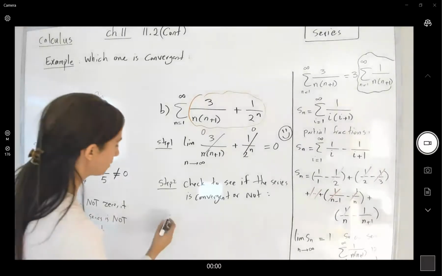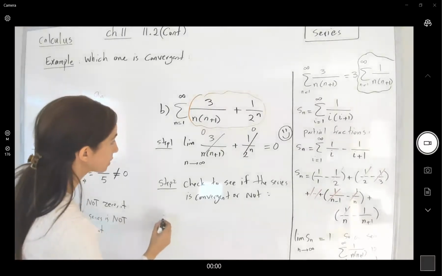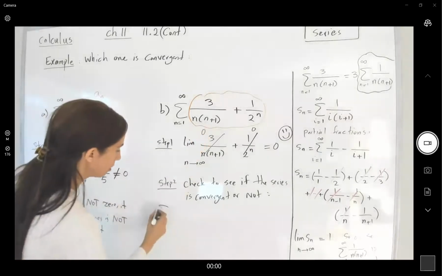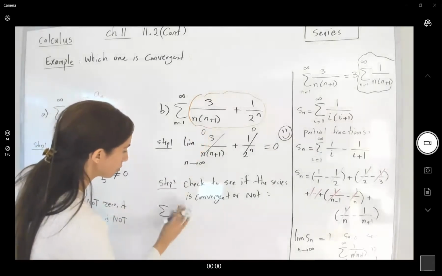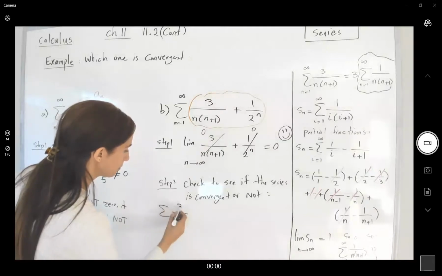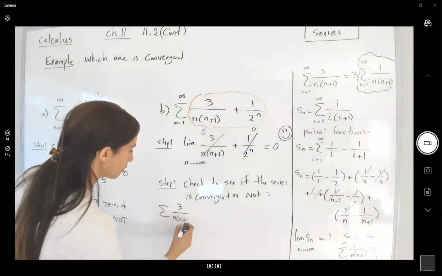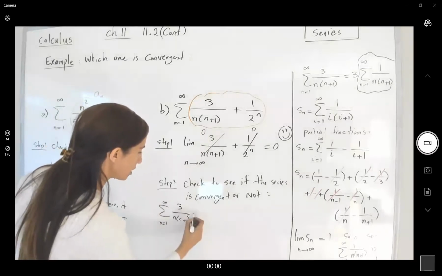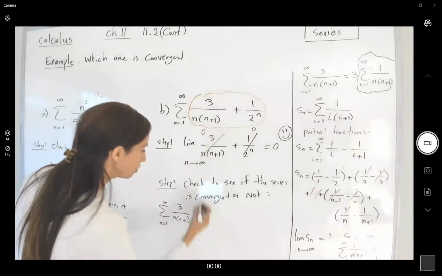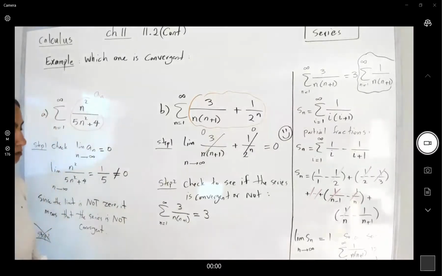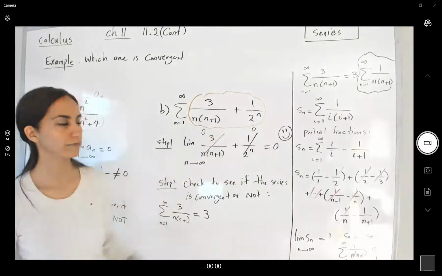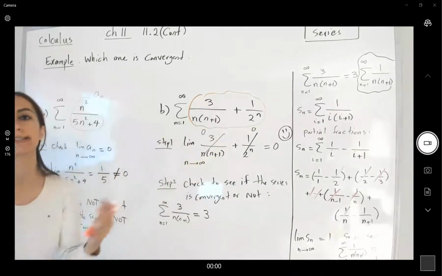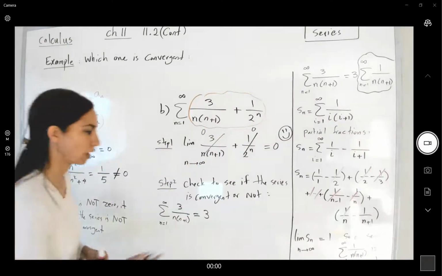So far we have this. This one is 3 divided by n times n plus 1, from 1 to infinity. It approaches 3. This other one is easy. You saw this series before. It's a geometric series.